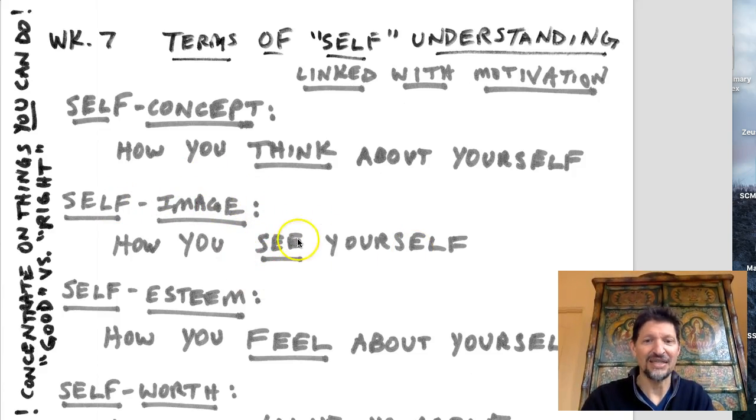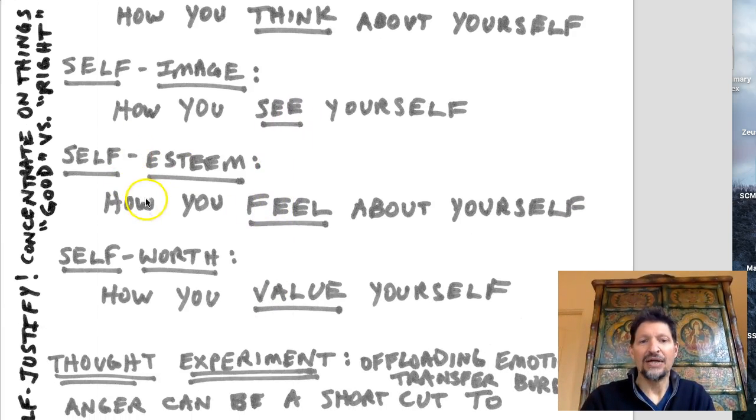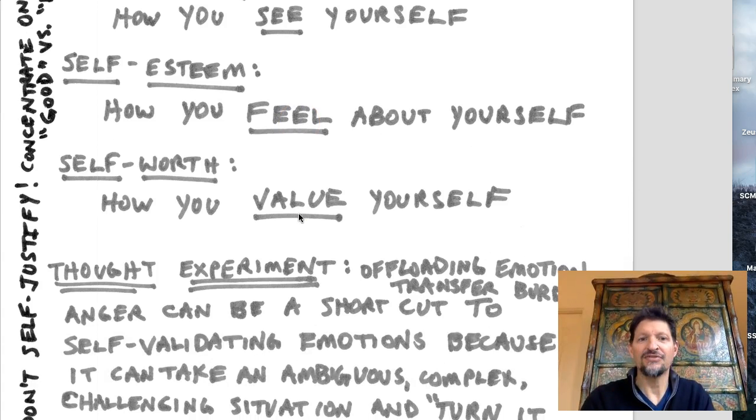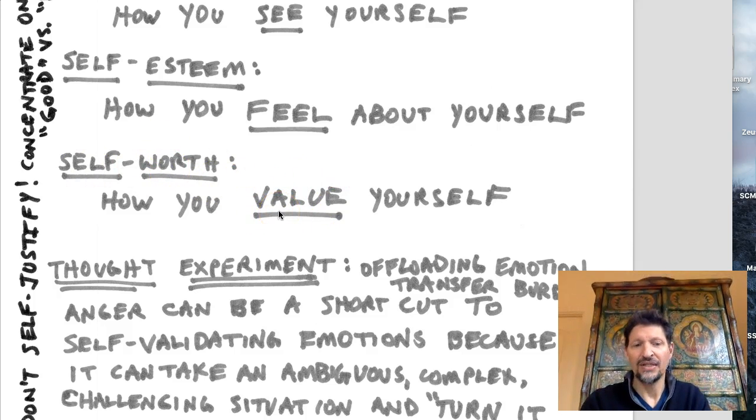Self-image is how you self-see. Self-esteem is how you feel about yourself. Esteem has to do with feeling, so self-esteem is self-feeling. And finally, self-worth is how you value yourself. Worth, value, self-value. So those are your basic things.